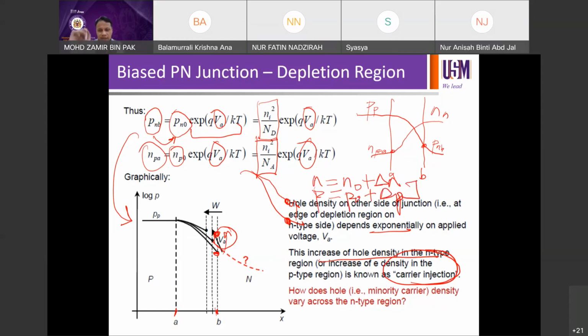This is a very generic representation of carrier injection, where your carrier injection is given by this delta component. And the same thing happened here because you are now injecting carriers across the junction, and this is known as carrier injection as well. And this is activated or induced by applied bias in forward direction. Okay.